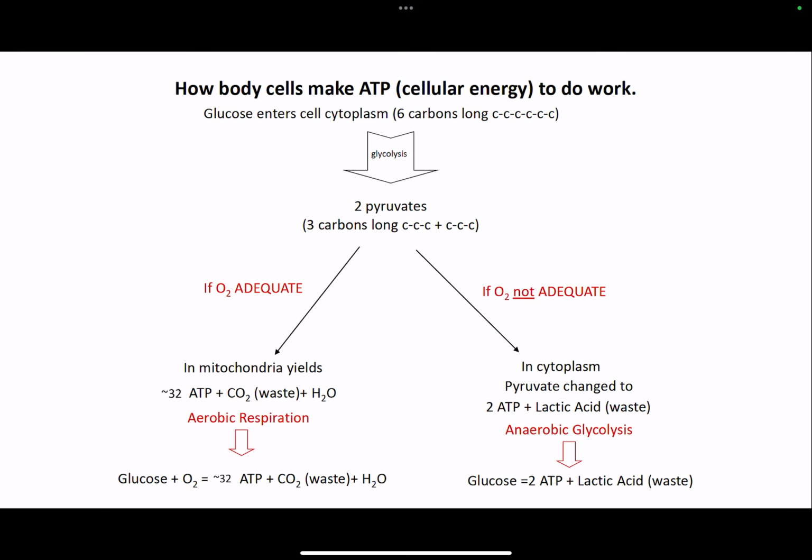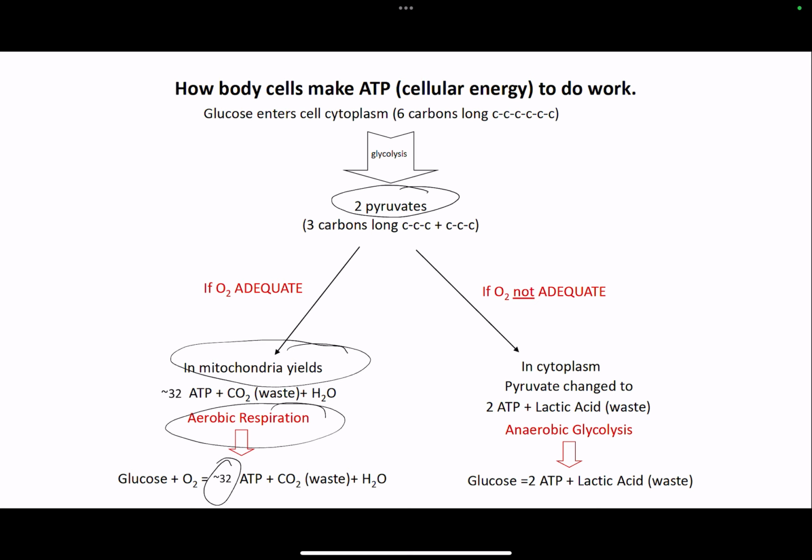All right, so how do body cells make ATP or cellular energy to do work? Remember, through glycolysis, you get 2 pyruvates, and then if there's enough oxygen, then we're going to use the mitochondria to do aerobic respiration, which is going to give us about 32 ATP per glucose.